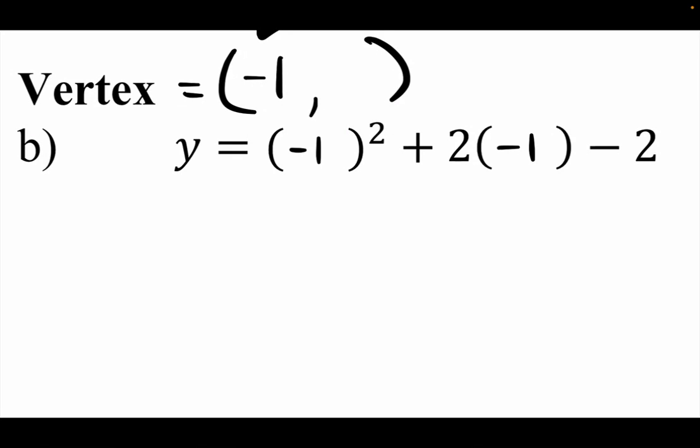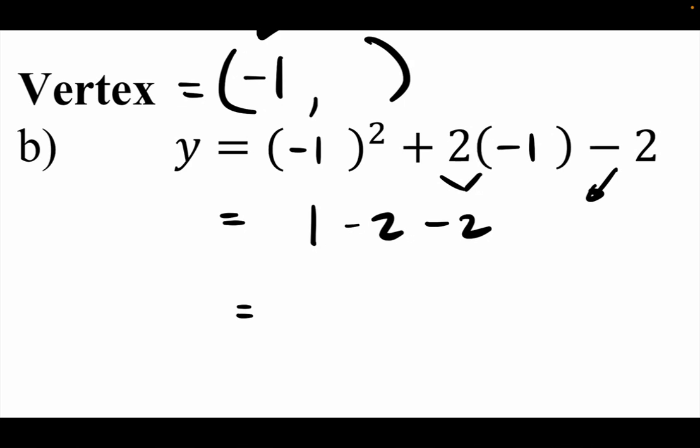And then PEMDAS. Parentheses, exponents, multiplication, division, addition, subtraction. I have exponents. What is -1 times itself? +1. And then multiplication. What's 2 times -1? Negative. Bring down the -2 I had over here. Then subtraction.